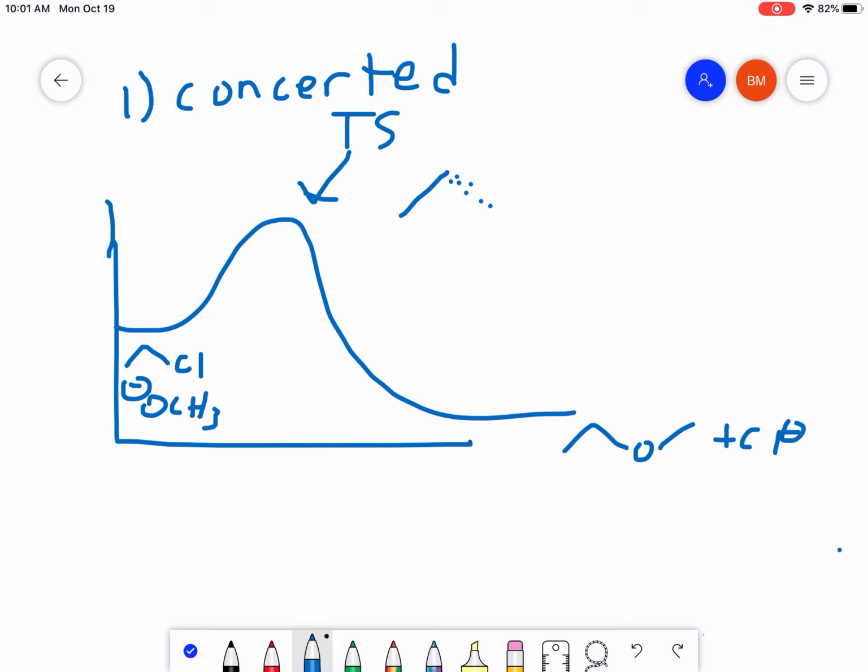It is surprisingly difficult to draw dotted lines on this whiteboard app, so apologies if it looks a little rough. You're in the middle of breaking that carbon-Cl bond, and you're also in the middle of forming an OCH3 bond, so you're showing the partial bonds here that get formed.